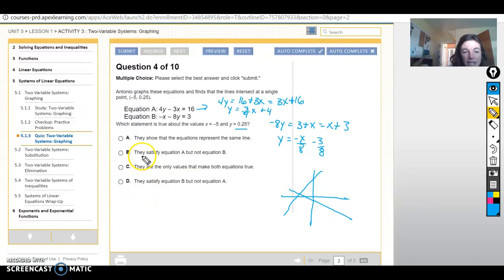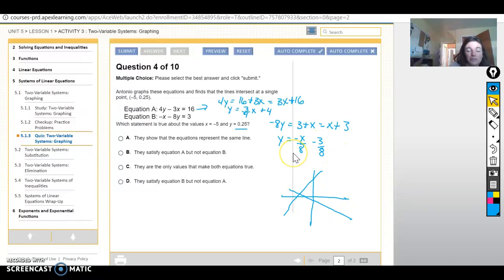If this is a solution, -5 and 0.25, they have to satisfy both equations. So B can't work either. And for the same logic, D doesn't work, but C, they are the only values that make both equations true.